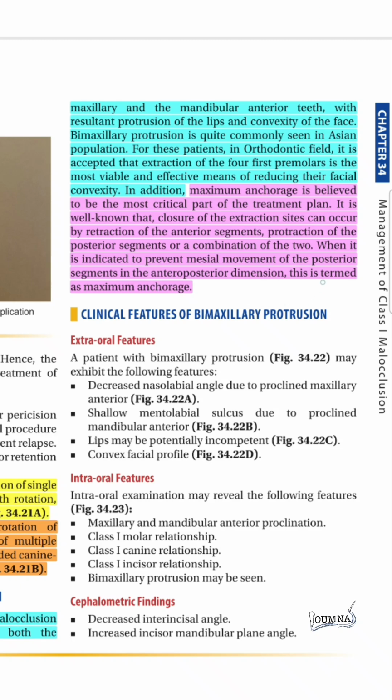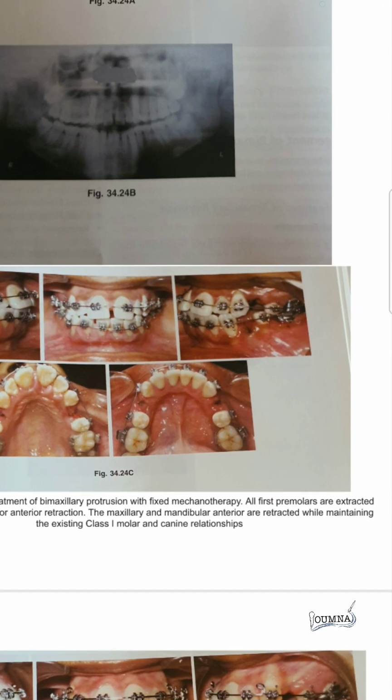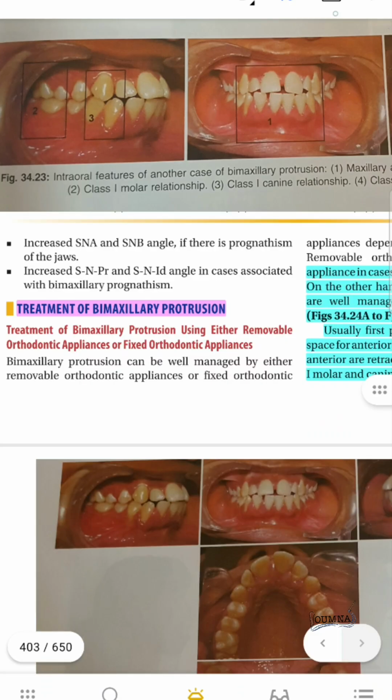When doing so, this is called maximum anchorage. In this case, we extracted the first premolars and did a retraction of the anterior teeth while maintaining the Class 1 molar and canine relationship.